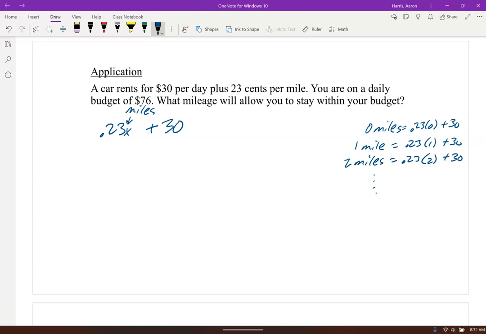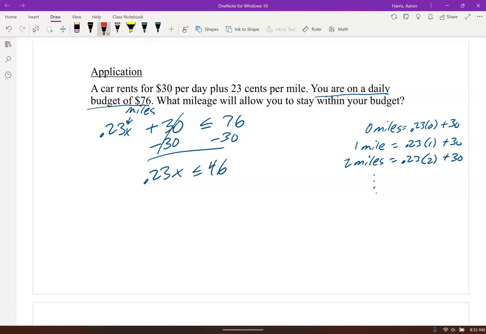Now, they're wanting us to set this up as an inequality because they say you're on a daily budget, 76 bucks. So this total cost has to be less than or equal to 76. I could be right on the dot, right? And now let's solve it. So how many miles could we go to stay within our budget of $76? Well, we'll subtract 30 from both sides. So I'll have 0.23x less than or equal to 46.